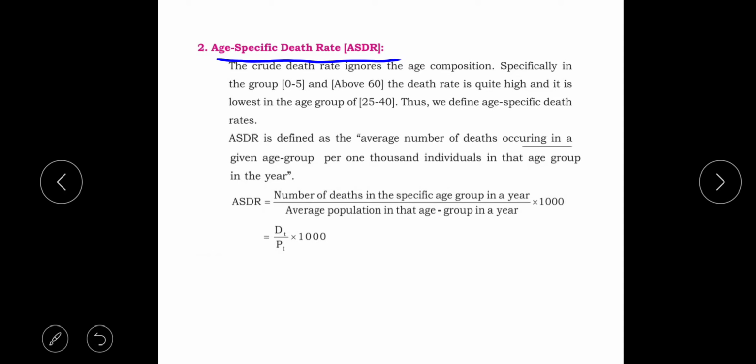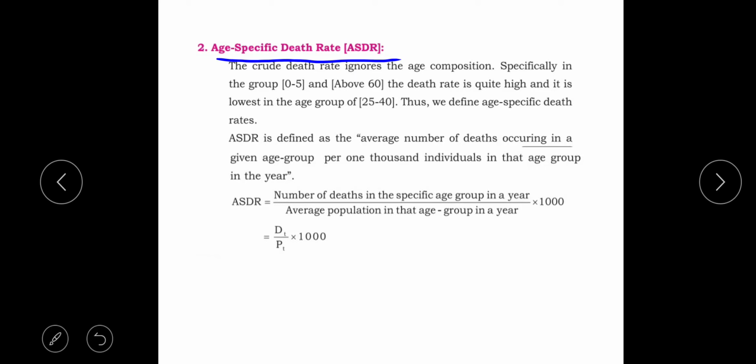And remember one thing, here the population will be divided by age group only, as in ASFR.